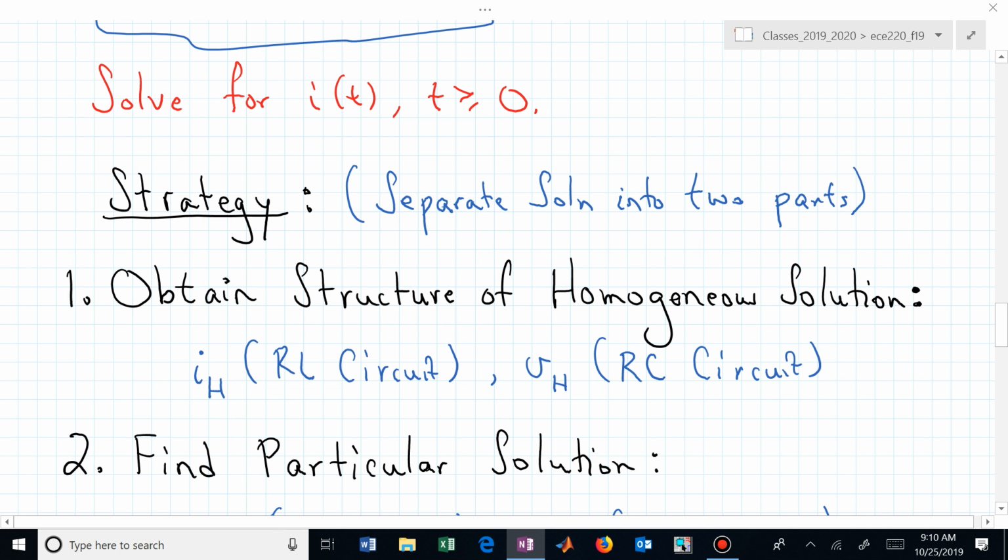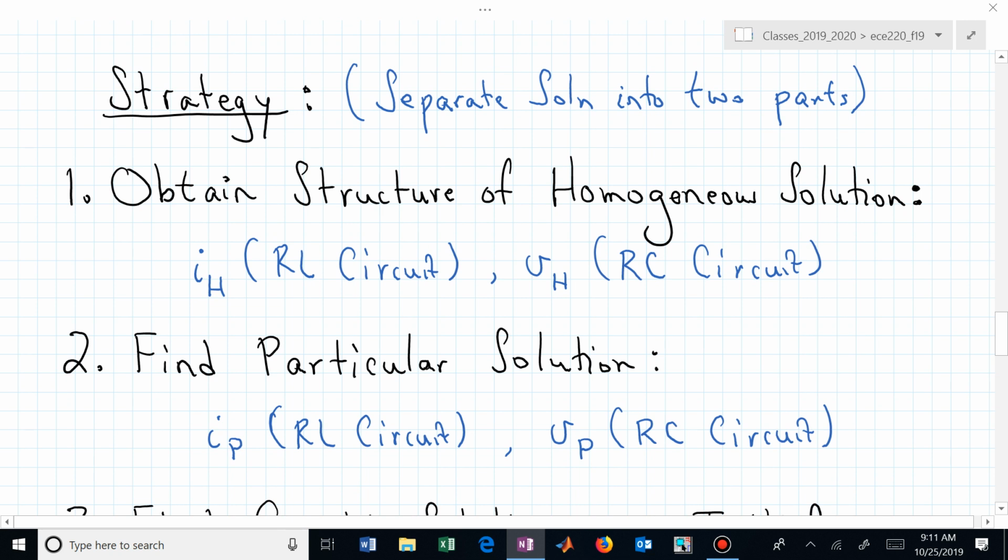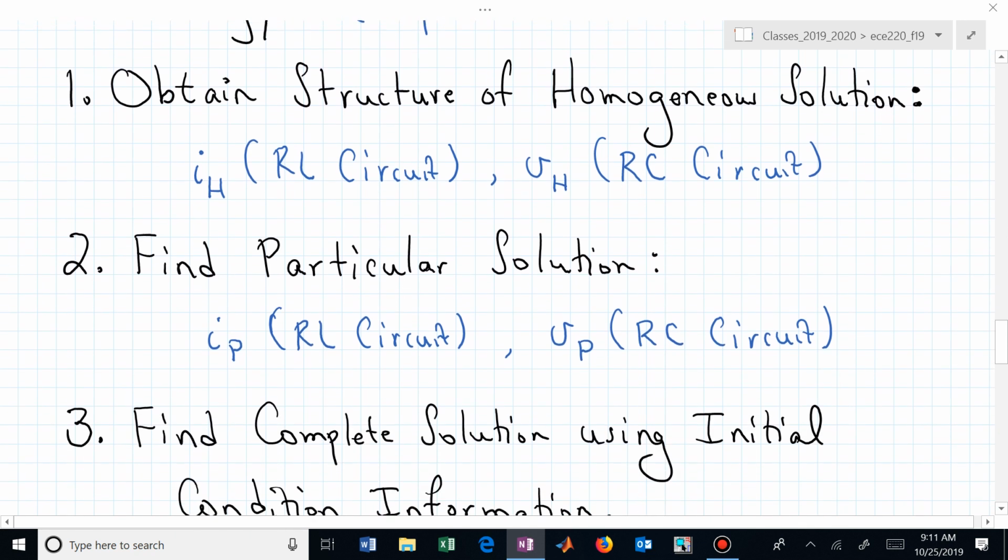So we'll obtain the structure of the homogeneous solution, and if we have an RL circuit, we'll say that's i_h for the inductor current. The homogeneous is the subscript. If we're working with an RC circuit, we're focusing on the capacitor's voltage. We'll subscript that voltage with an h for homogeneous. We'll then find the particular solution, call that i_p or v_p, respectively.